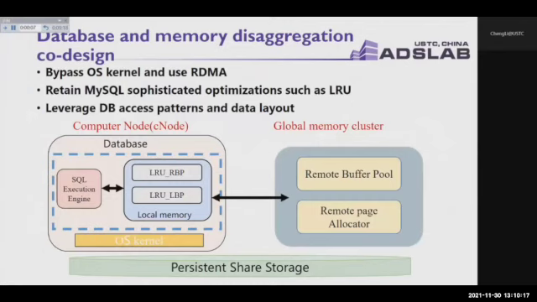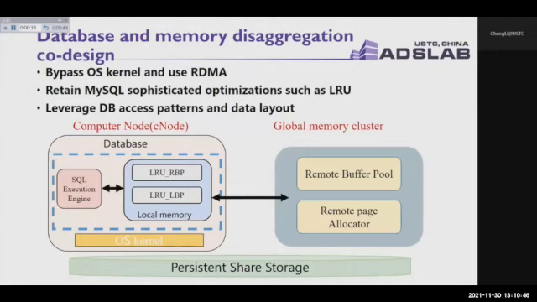At a very high level, the figure we show is the big picture of LocalBase, which is a cloud native database that embodies memory disaggregation. We have a compute node, which normally runs the MySQL instance, like the traditional database kernel.